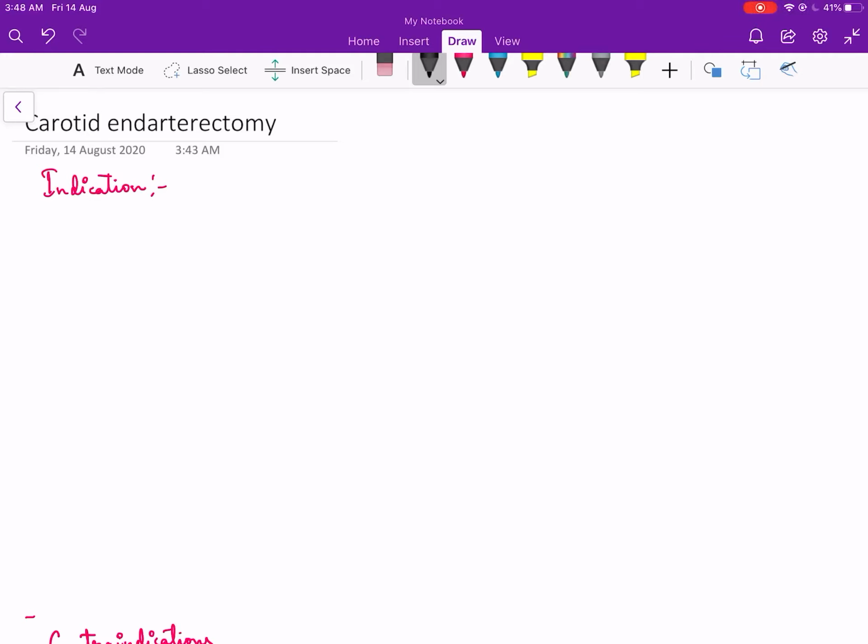Carotid endarterectomy is a procedure used in carotid artery atherosclerotic disease.